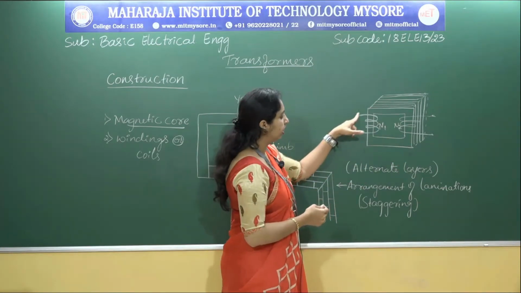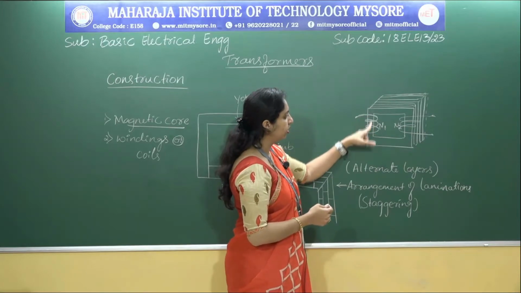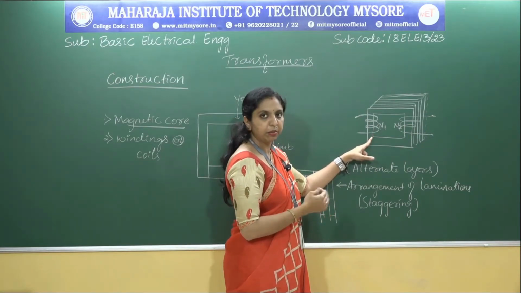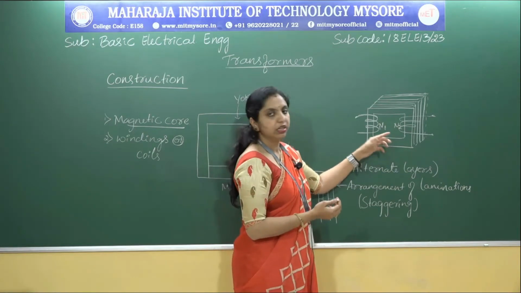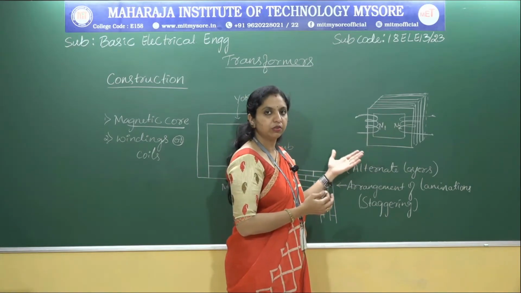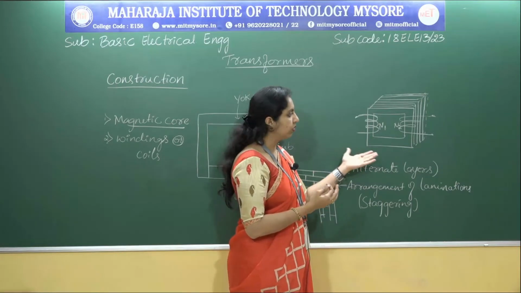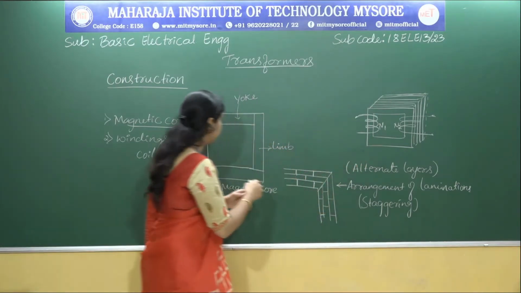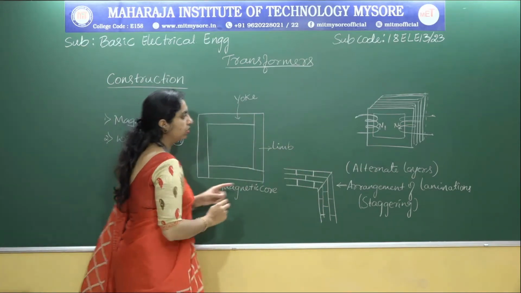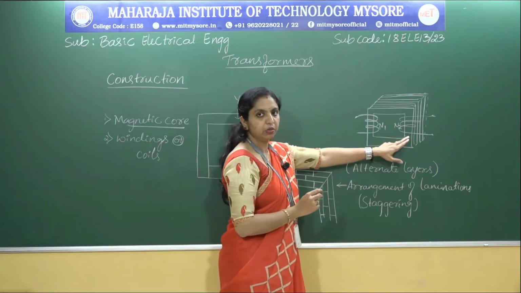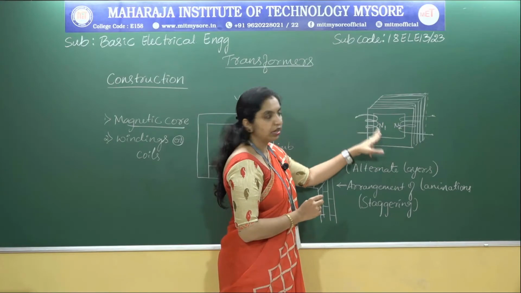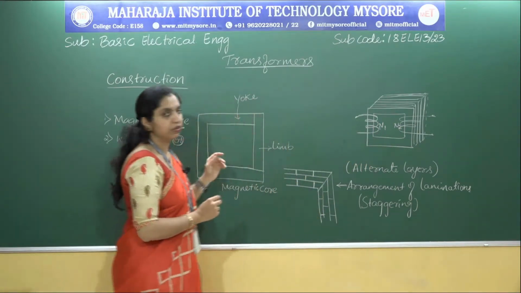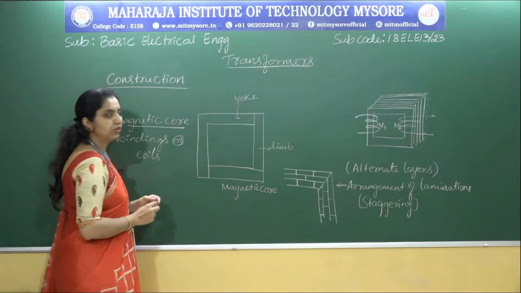The one coil which is wound on one vertical portion we call the primary winding. Similarly, the coils or windings wound on the other part of this magnetic core, that we call the limb, we call the secondary winding. In this way the arrangement could be done for the transformer, that is the construction of the transformer.